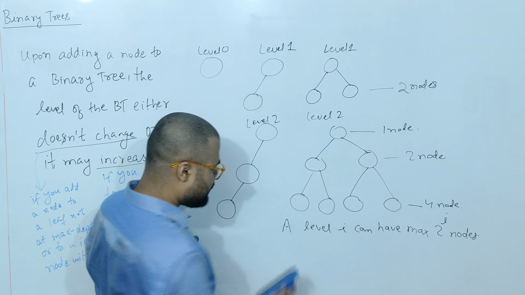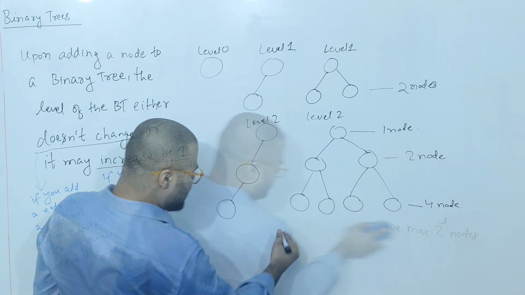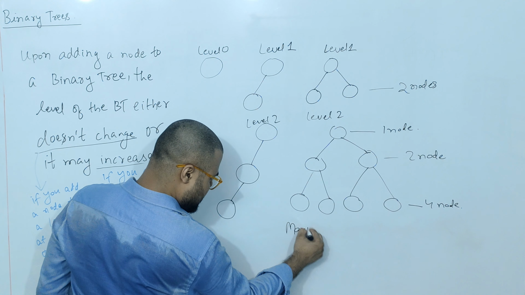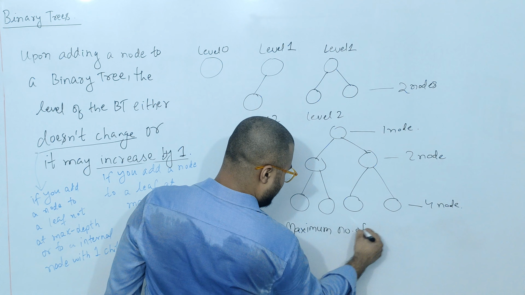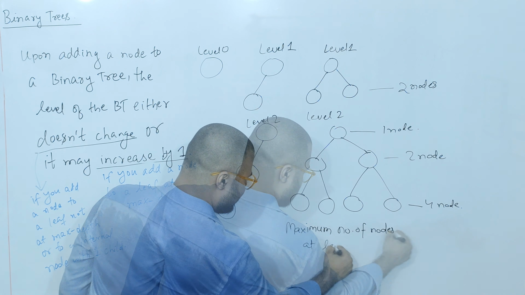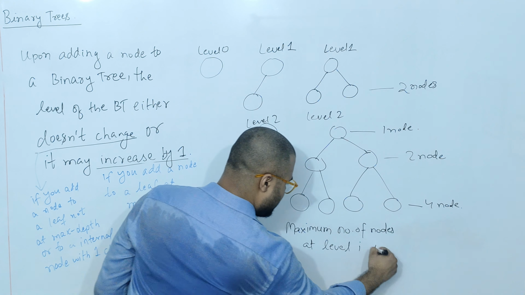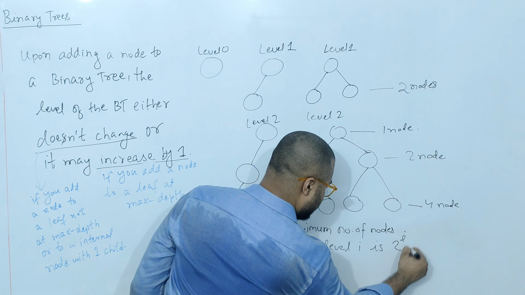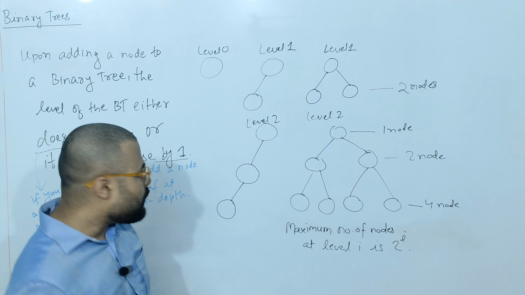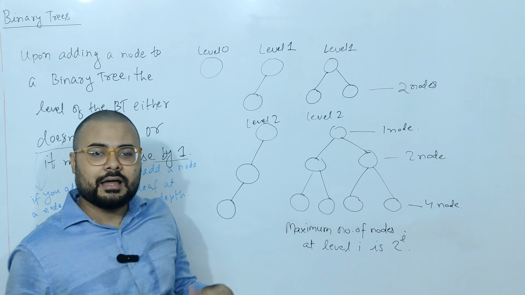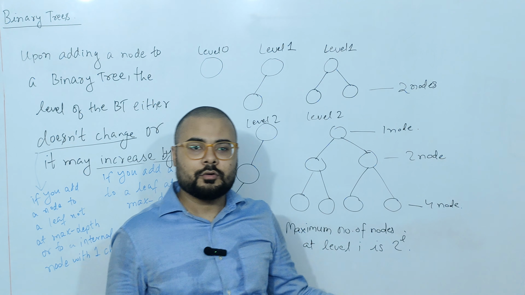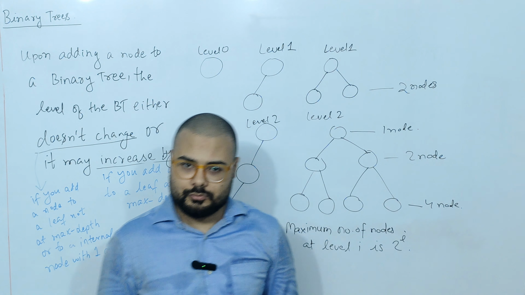I think that is a more suitable statement. So the maximum number of nodes at level i is 2 to the power i. It means that you can have one node, you can have 2 nodes. Similarly, at the ith level, you can have 1 node, 2 nodes, 3 nodes, and so on, till 2 to the power i nodes. Okay.